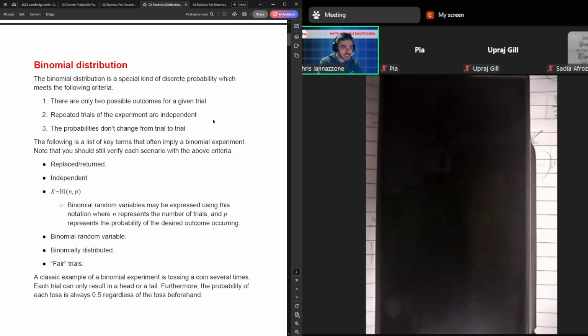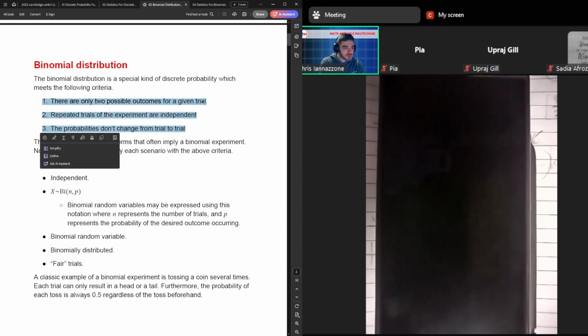Probabilities can change from trial to trial. Basically both of these can be different. You can have independent events and the probabilities change from trial to trial. It just means that something else is impacting them. But for binomial, you want all of this to be true. So they shouldn't change, should be independent, and there should only be two possible outcomes.